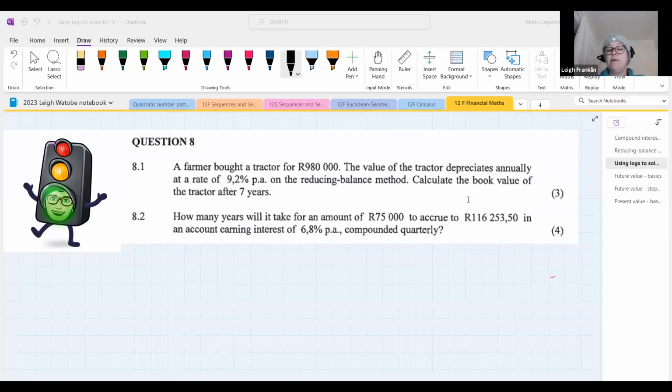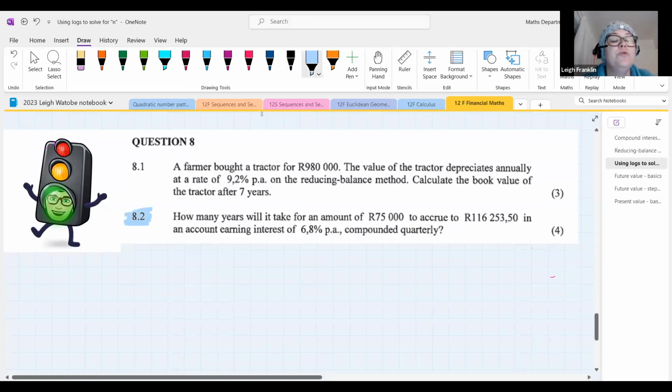Right, so again, my question to you, Tuelo, in particular, what formula are we using for question 8.2? We'll do 8.1 afterwards. What formula are they implying we should use in 8.2? Accrue means grows into, becomes.